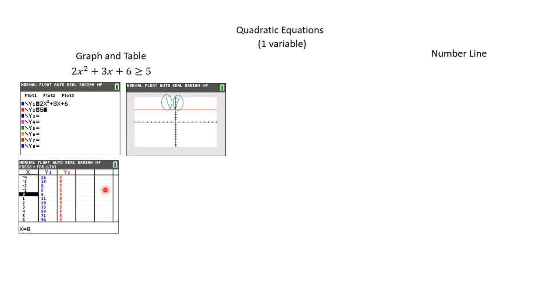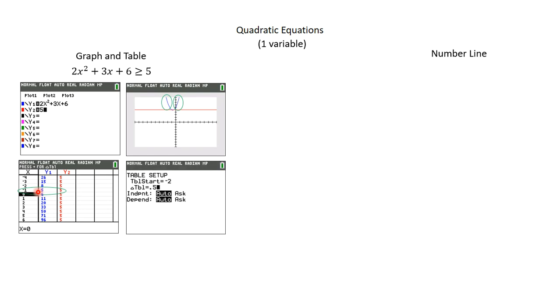So you can go to the table, and we see, hey, it's equal at -1. And so it's bigger when x is less than -1. And then I don't see the equal, but it's going to be right in here somewhere, kind of in between -1 and 0. So we can change the table set so instead of going up every 1, it's going up every 0.5.